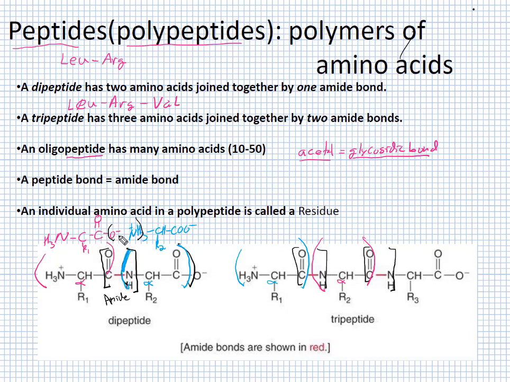So you don't see a carboxyl, but this carbon here was that acid or carboxyl carbon. And then lastly, we have one more amino acid here, right? Its amino group, its alpha carbon, and its carboxylate. Between two different amino acids, we get one peptide bond, one amide bond. Between these two, we have an amide bond, right? Outlined here, bracketed in black, and a second one here. All right, those amide bonds are peptide bonds because they're between individual amino acids.